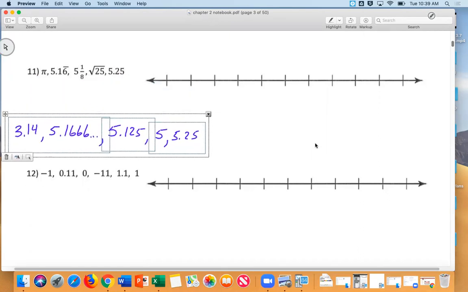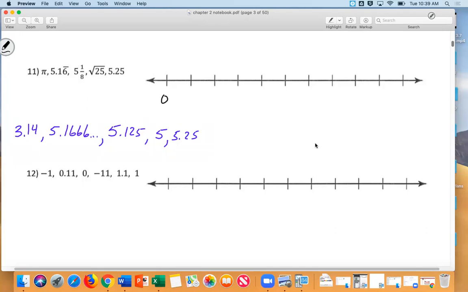Let me drop that down so I'm away from my number line. Let's establish the types of numbers we're talking about. We're talking about all positive numbers, only up through 5. So I might want to start at 0, and then 1.